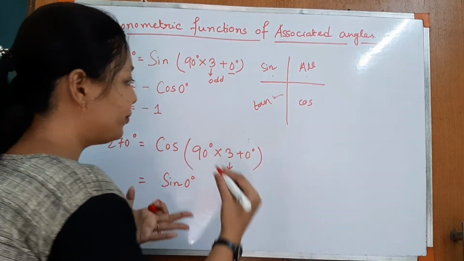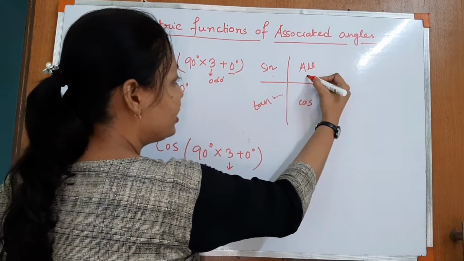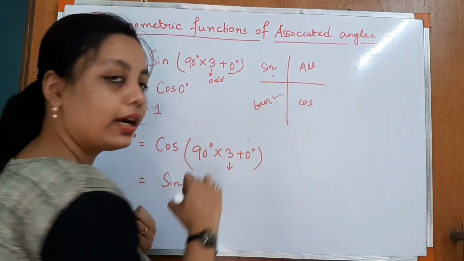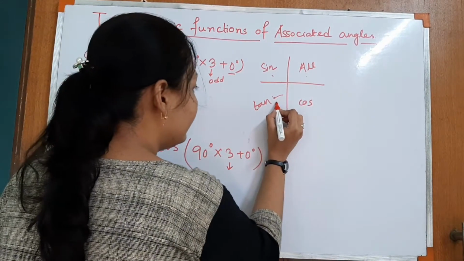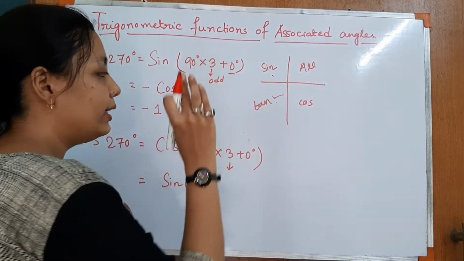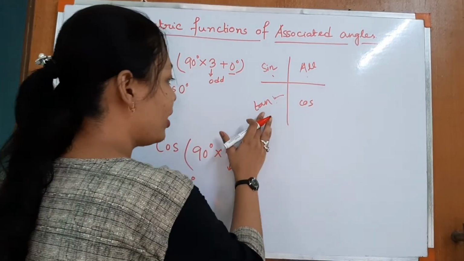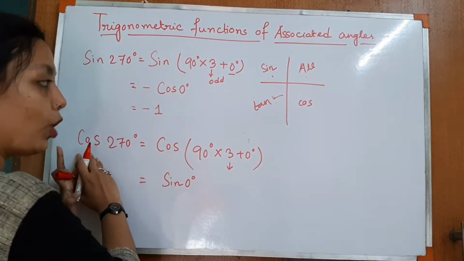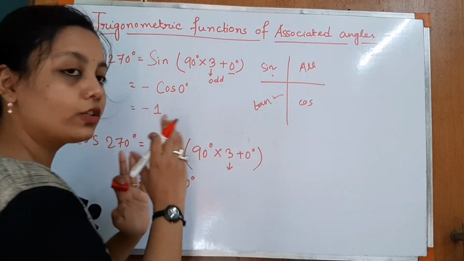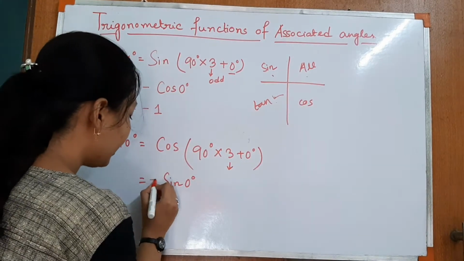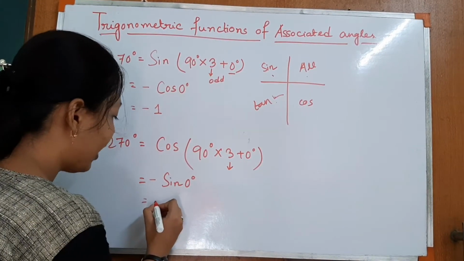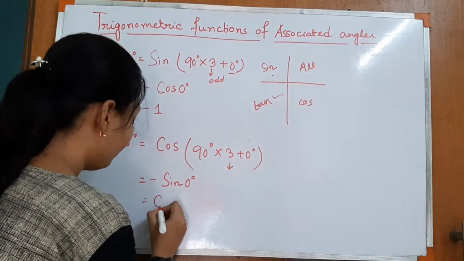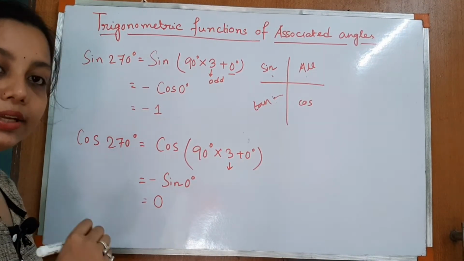If we count 3, first we reach the first quadrant, 2 in the second quadrant and 3 in the third quadrant. In the third quadrant, tan and cot contain a positive sign, but here we have to find the value of cos, and in the third quadrant cos contains a negative sign, so we take a negative sign. Since the value of sine 0 degree is 0, we get the value of cos 270 degree is 0, okay.